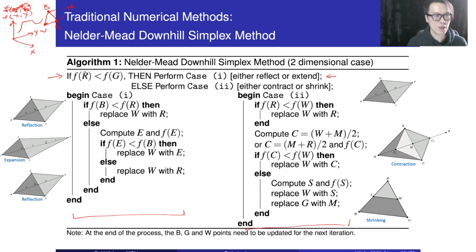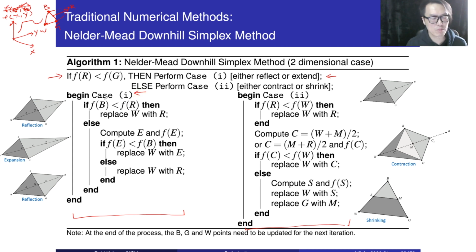Now, when we find that the reflection point has a cost less than the good point, it means that this solution is above average. At least we are searching in the right direction, and this is a good direction because it is better than the good point. So we are going to do case 1.